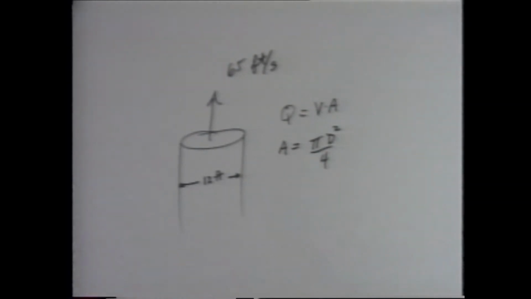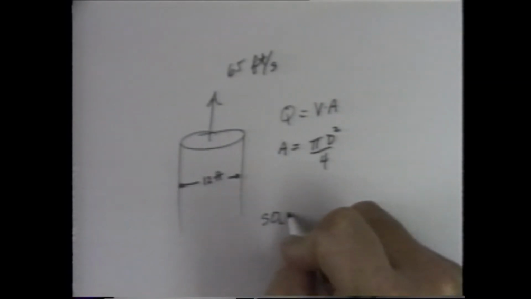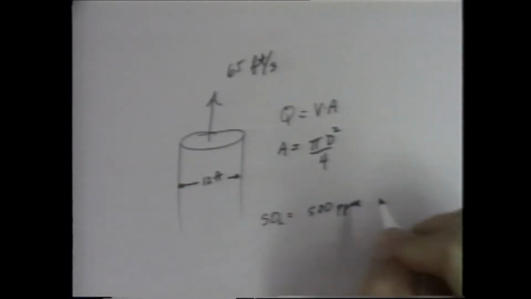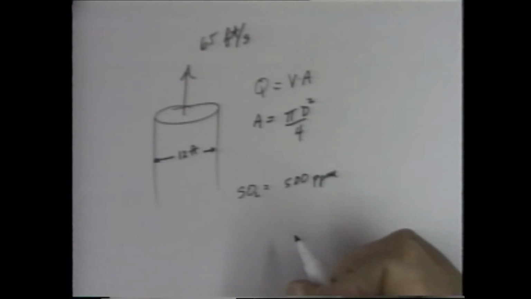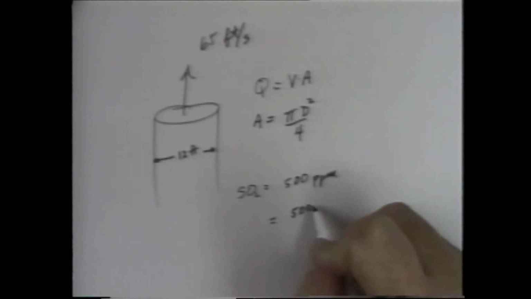Now that'll give us the total volume of gases exiting the stack, and we know that the SO2 concentration is equal to 500 parts per million, or the mole fraction of SO2, or the volume fraction, because they're the same, is simply 500 over 1 million.